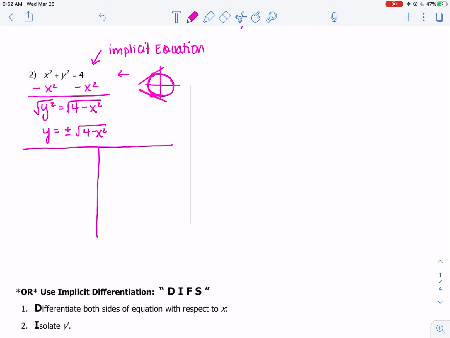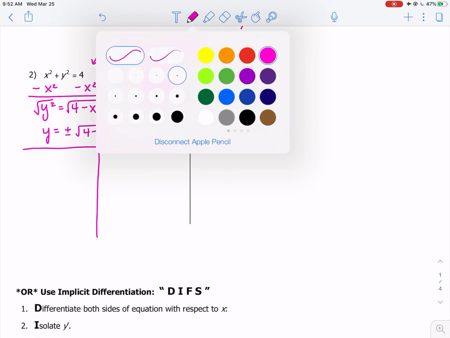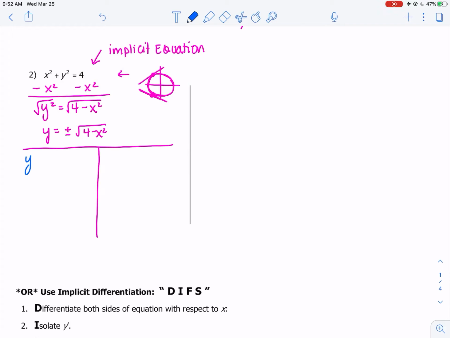So let's say we were to continue and we broke this down to the positive version, y equals the square root of 4 minus x squared, and then the negative version, y equals the negative square root of 4 minus x squared. If I go to take the derivative of the first one, we should write this in a simpler form: y is equal to 4 minus x squared to the 1/2 power.